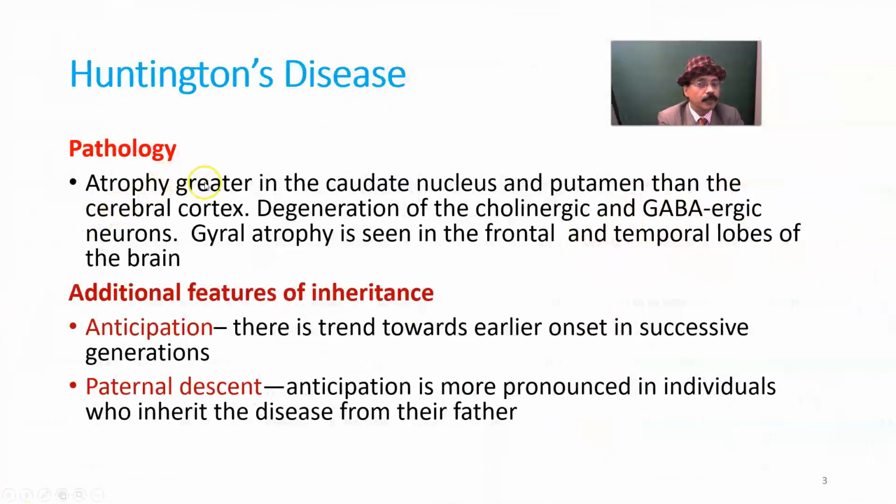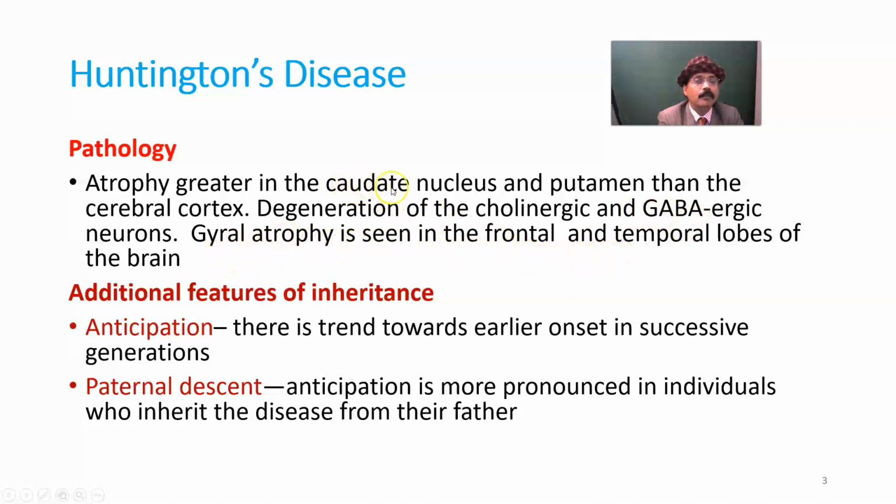Pathology: atrophy is greater in the caudate nucleus and putamen. These two are part of the basal ganglia. Then the cerebral cortex, particularly the frontal lobe and the temporal lobe. Degeneration of the cholinergic and GABAergic neurons. Gyri atrophy is seen in the frontal and temporal lobe.